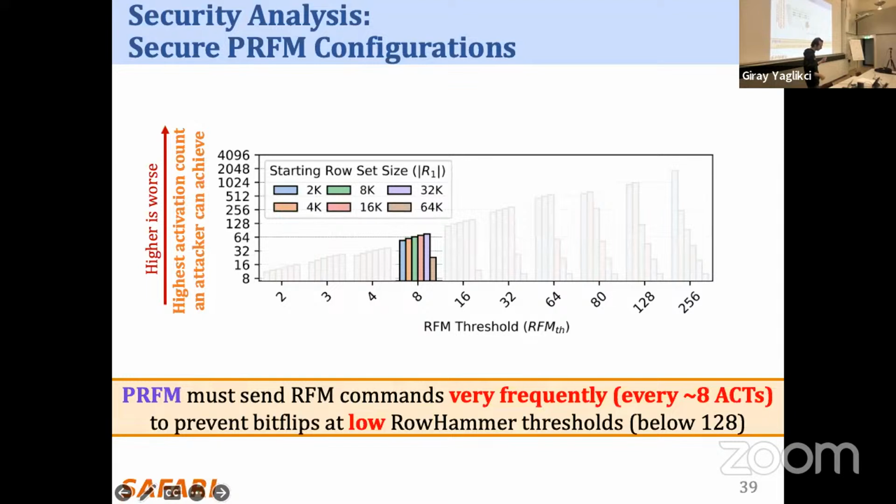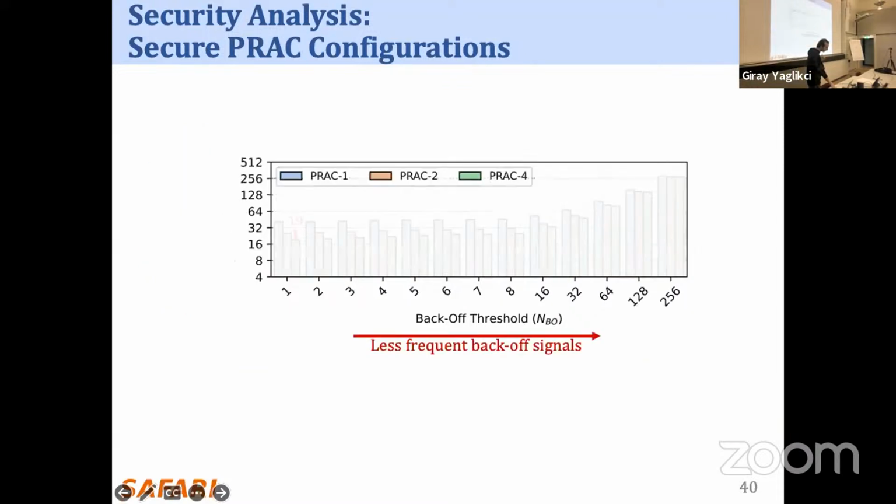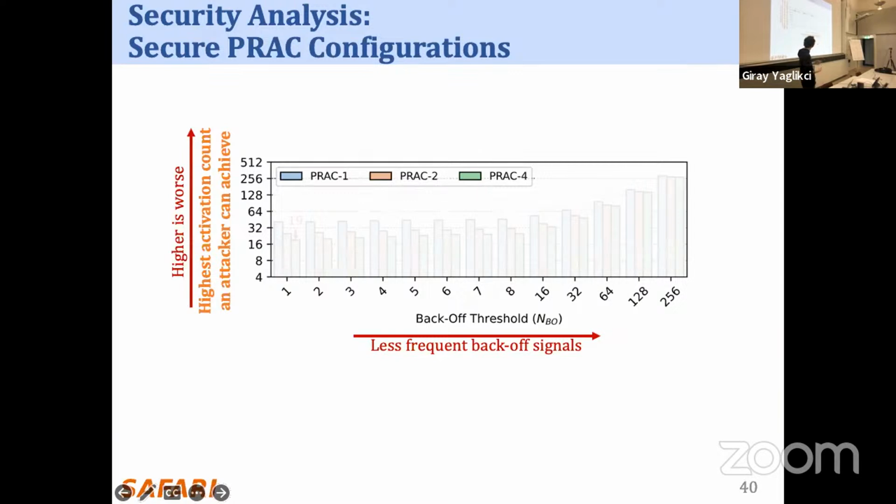For example, to mitigate a RowHammer threshold of 128, the PRFM would need to send an RFM command every 8 activations. We repeat the same analysis for TRACK. The x-axis again shows the backoff threshold for the defense parameter. The y-axis shows the maximum activations possible. This time, the legend shows our different TRACK configurations defined in the documentation, and each bar will show the worst case possible attack pattern that we choose for the attacker.